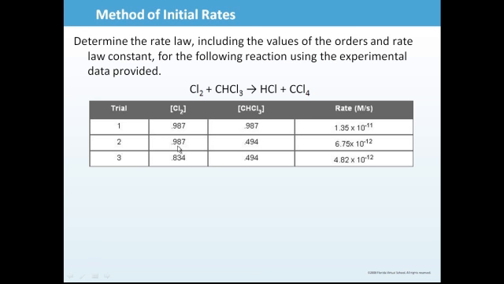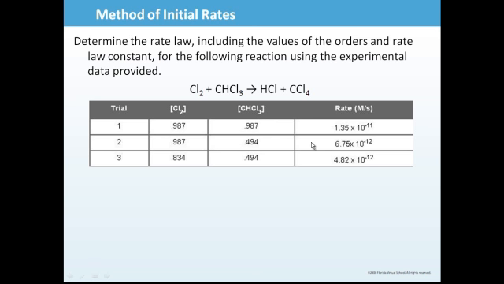In trial 2, we keep the Cl2 the same concentration, but we change the concentration of the CHCl3. So if we compare trial 1 and trial 2, then we can look at how CHCl3 affects the rate because the Cl2 is held constant.